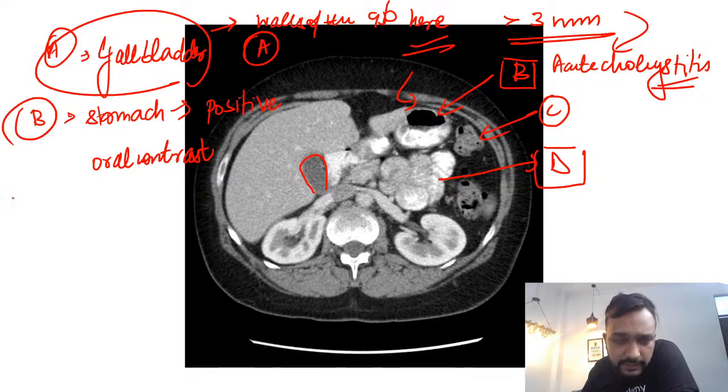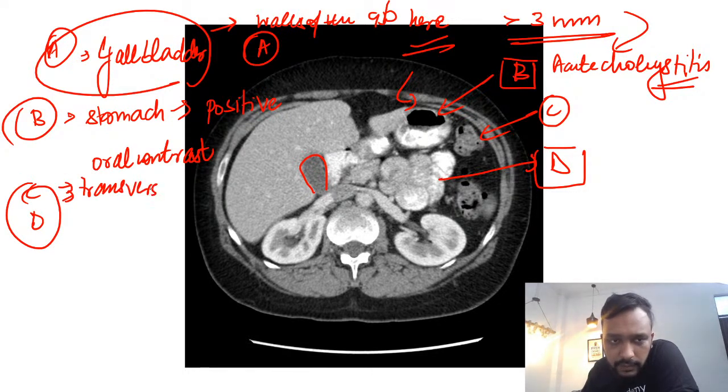And if you look at the structures C and D, C is part of the transverse colon, and D is your descending colon.